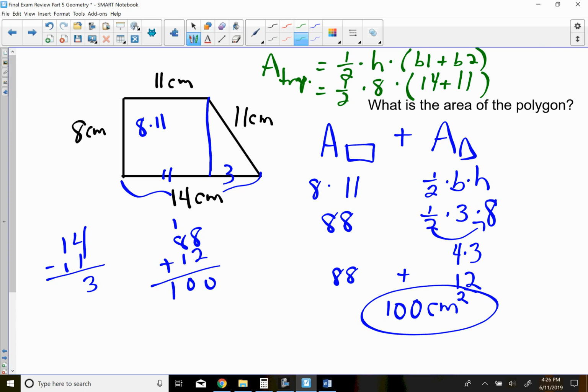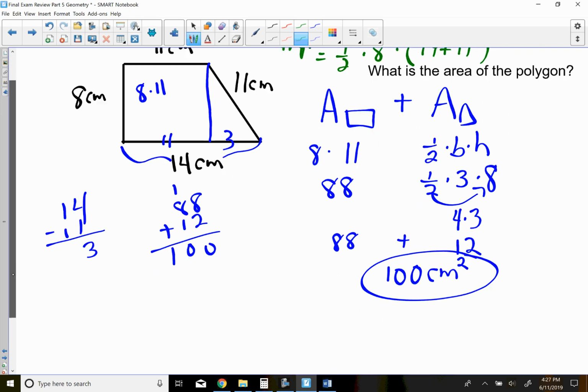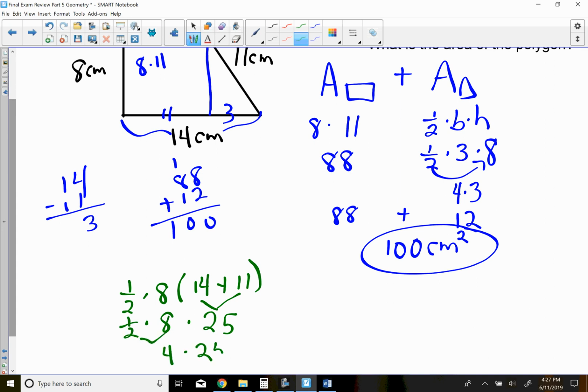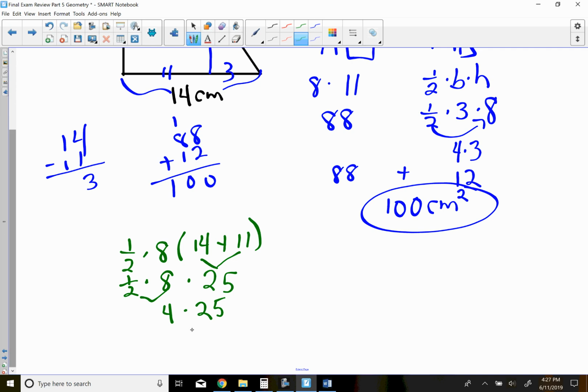So I would start with, let's see, 14 plus 11, PEMDAS do parentheses first. So I just got to move down a little bit to show my work here. So we had 1/2 times 8 times 14 plus 11 for the area of a trapezoid. So if I add those guys, that would be 25 times 8 times 1/2. So half of 8 is 4. And 4 times 25, 4 quarters, gets you 100 centimeters squared.